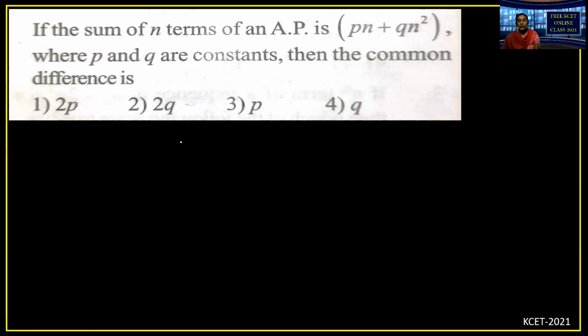If the sum of n terms of an AP is pn plus qn square, where p and q are constants, then what is the common difference? So if Sn of the sequence is given by pn plus qn square, then I want to calculate the common difference. Here is one shortcut.